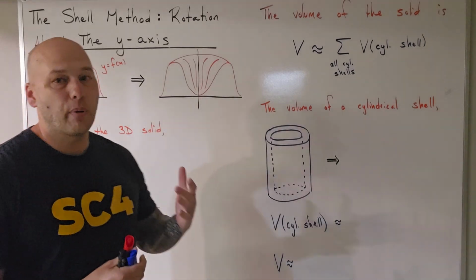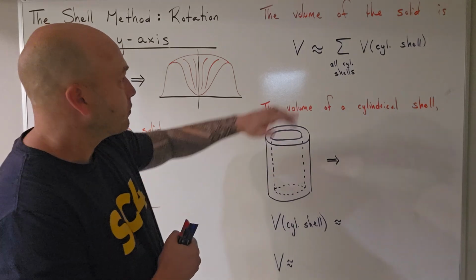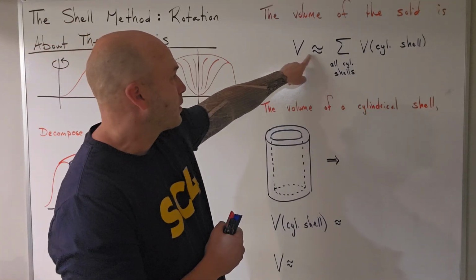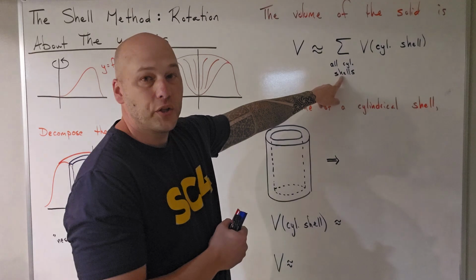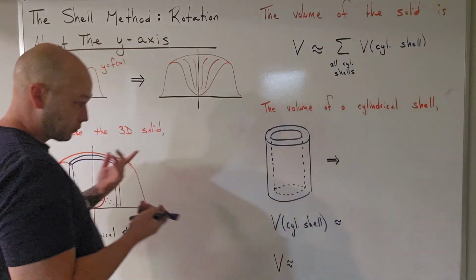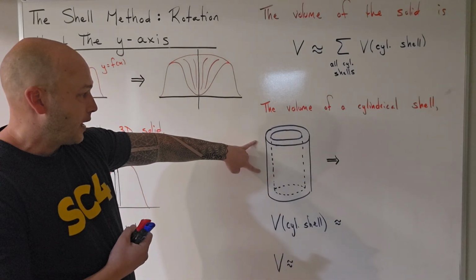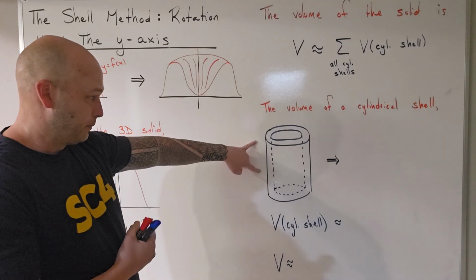Again, we will make the approximation exact as we go through the process. The volume is approximately the sum over all the shells of the volume of each cylindrical shell. Okay? Well, what I have to do is take one of these cylindrical shells and come up with a formula for its volume.